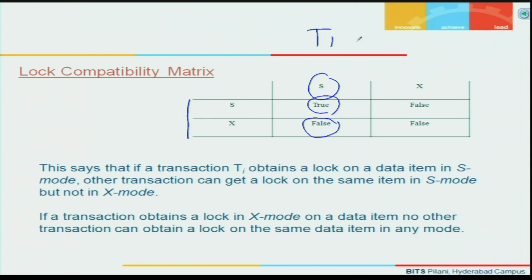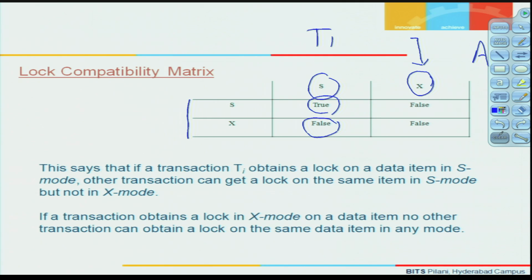Similarly, if the transaction T1 has acquired a lock on data item A in exclusive mode, then other transactions cannot acquire a lock on the data item in either exclusive mode or shared mode. That is not possible.